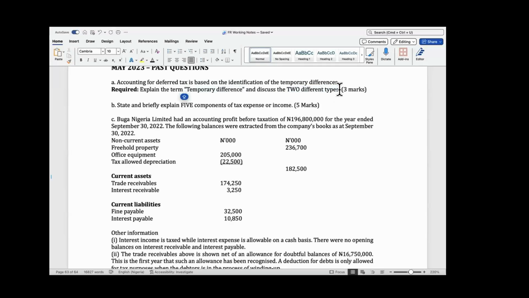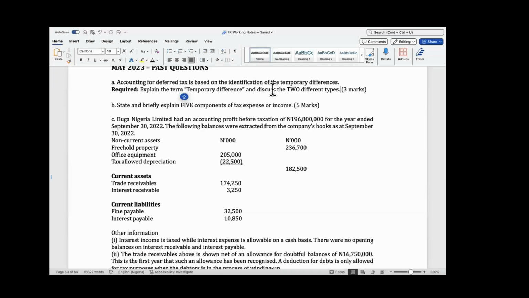So, you know that temporary difference is the difference between the tax base and the carrying amount, which would ultimately jive eventually, but that's the temporary difference. And the two types of temporary difference are deductible temporary difference and taxable temporary difference. A deductible temporary difference is one that will result in getting more deductions in the future, like where the tax base of an asset is higher than the carrying amount.